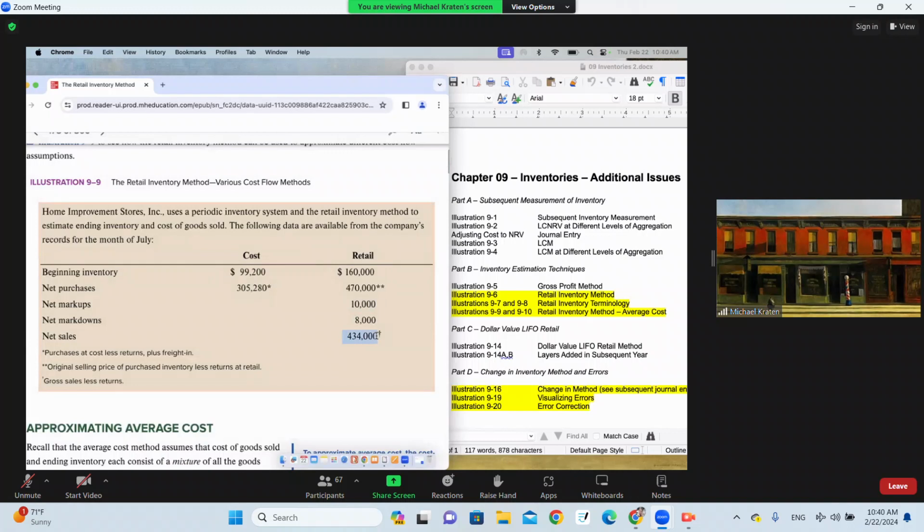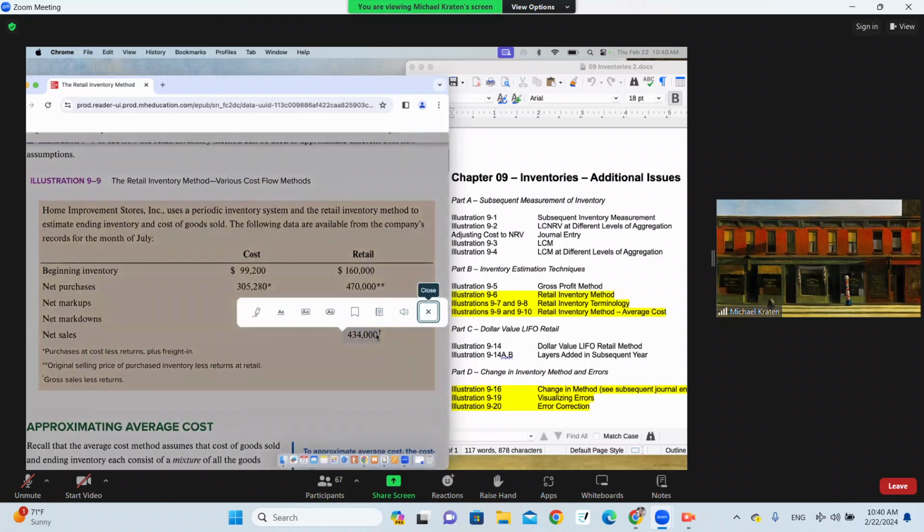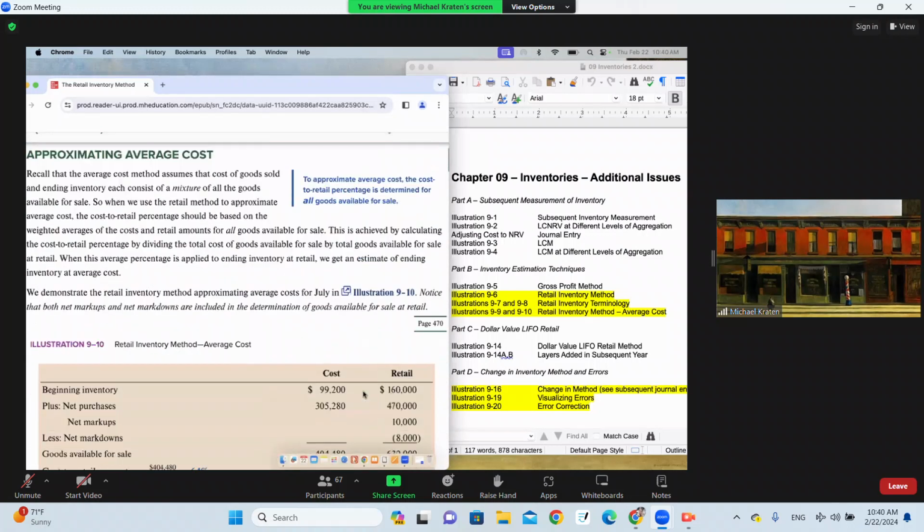Overall, I expect to sell $434,000 of inventory, and that's retail. So when I look in my cash register at the end of the day, I'm expecting to see 434 there.